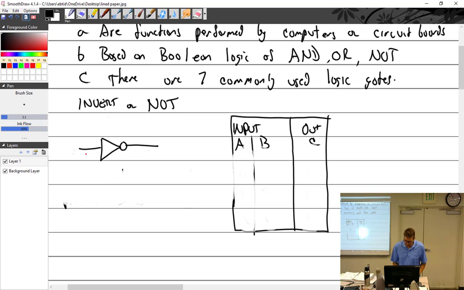Invert or NOT reverses the condition. This will be A, and this will be C out. So if A is a 1, then the output is a 0, and if A is a 0, the output is 1.